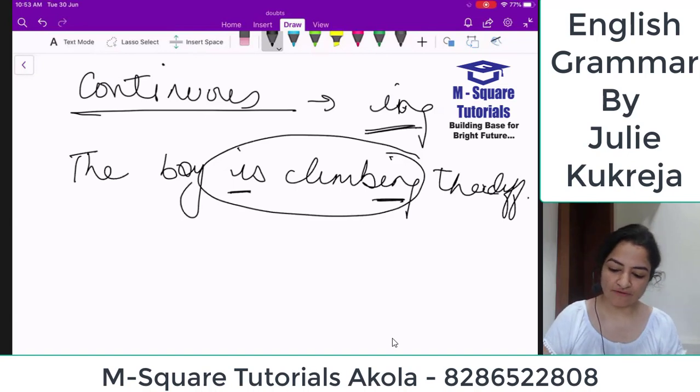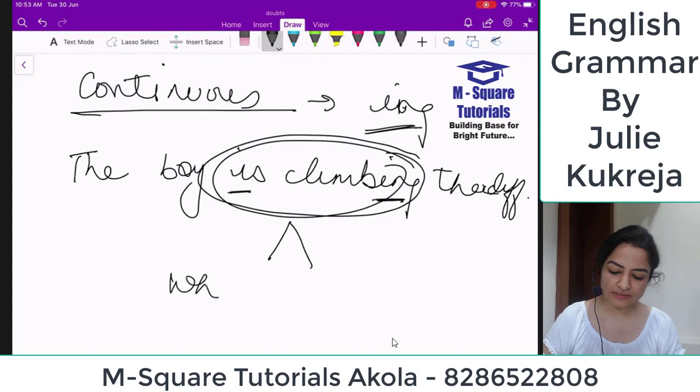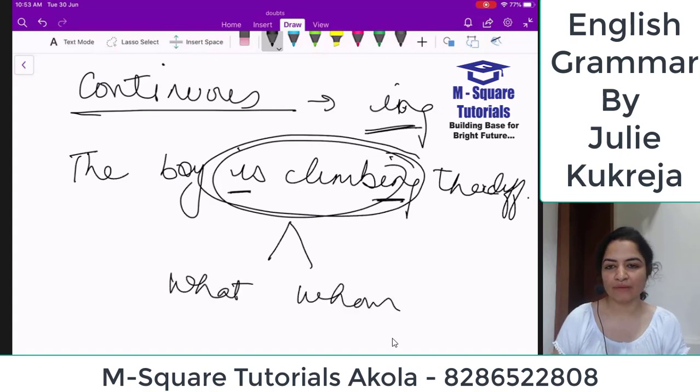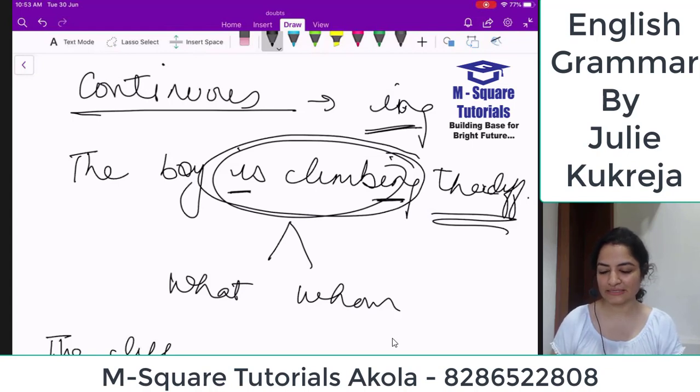Simply, you have to take the verb. You have to apply two questions to it: what and whom? Climbing what? The answer we got is the cliff. And the cliff is singular and the sentence is in the present tense, so we will apply is. As it is continuous, it becomes mandatory to add ing to it, so we will just place being.